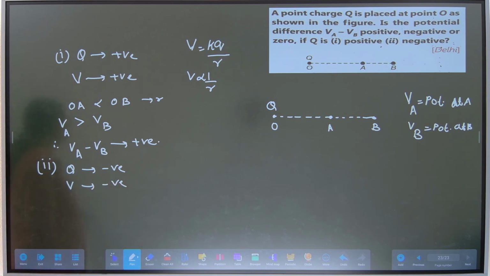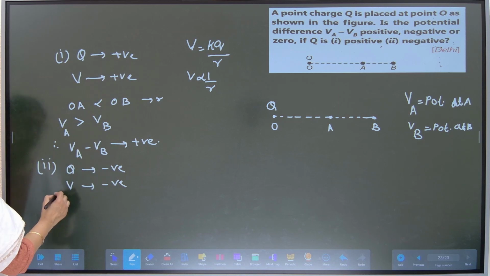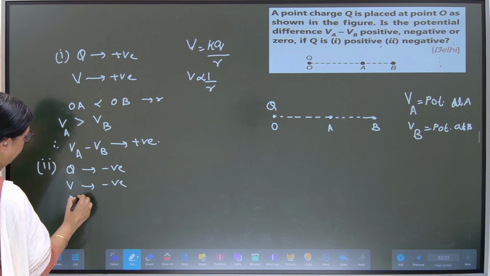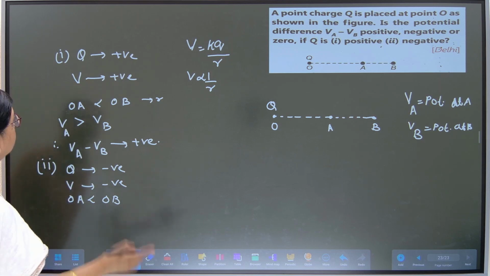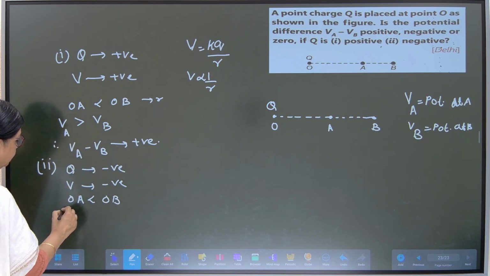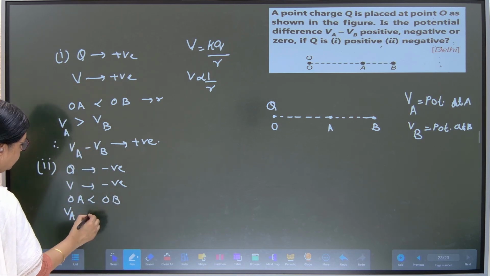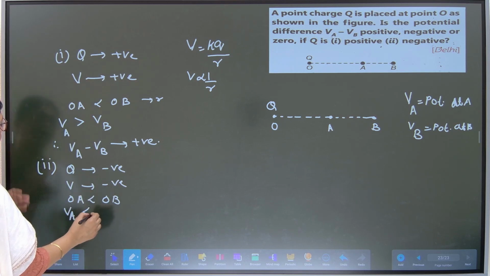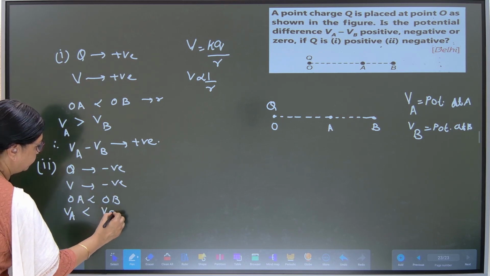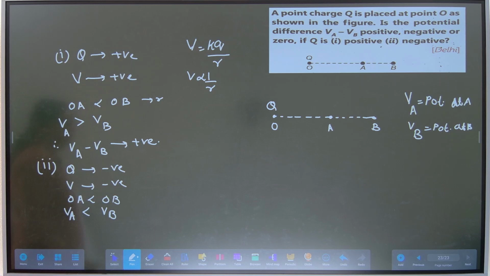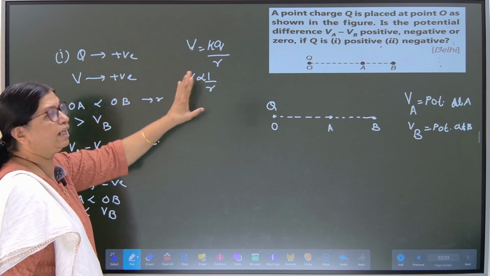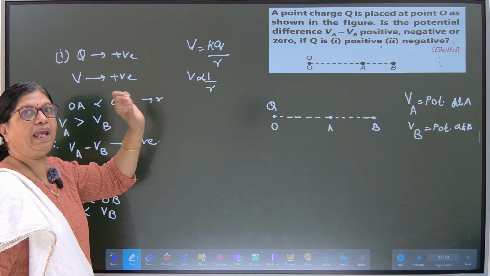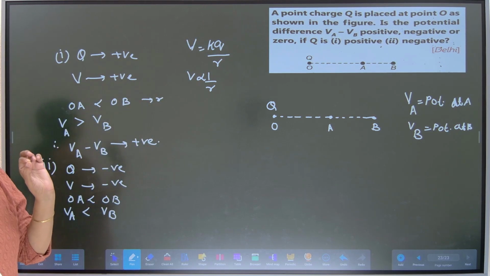Agreed? Followed. Now again we have OA less than OB, that is seen. But in this case, because V is negative, VA will be less than VB. Agreed? Because potential is negative, VA will be negative.